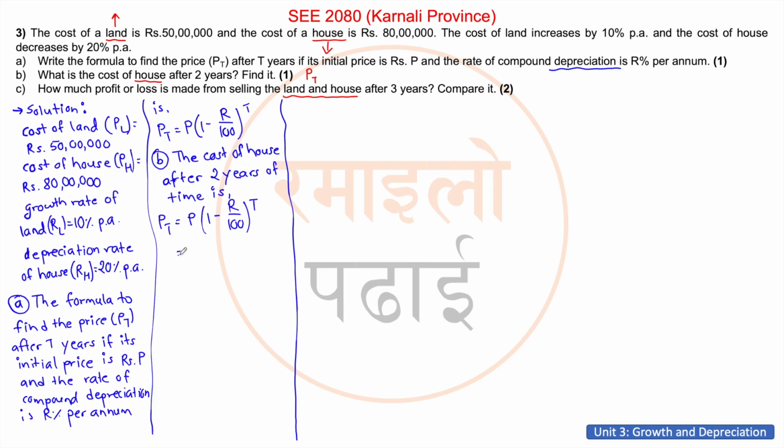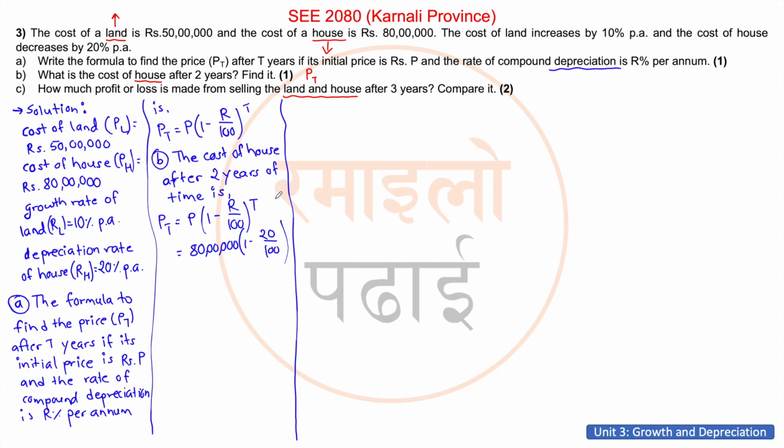Here we have P equal to the initial price of house, that is 80 lakh, 1 minus the depreciation rate is 20%. So 20 upon 100.